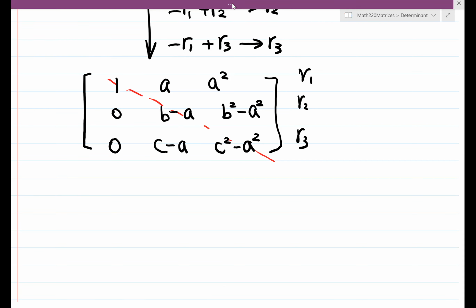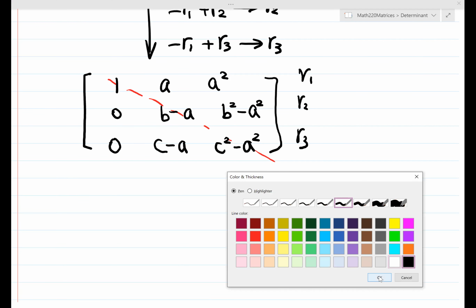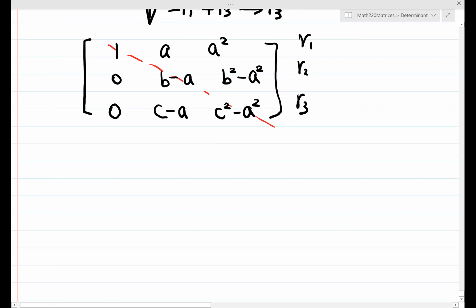Then we do the following operation: use the multiple of c minus a over b minus a. If you multiply this by row 2, then b minus a becomes c minus a, with a negative sign, so it cancels c minus a. This is the right multiple for the cancellation. So we add this multiple of R2 to R3 and replace R3.